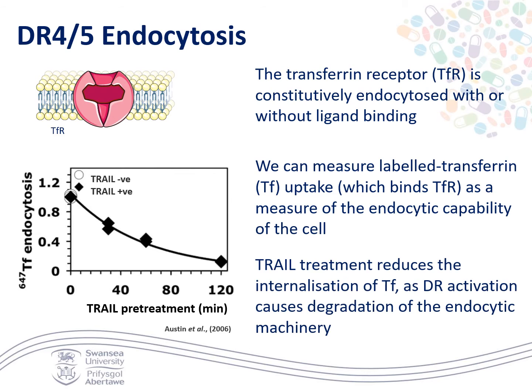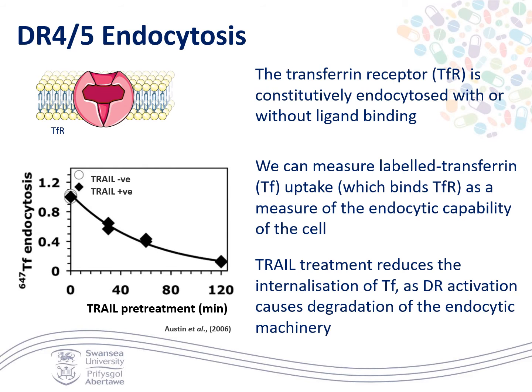And this is a result of the fact that TRAIL begins to affect the internalization of transferrin and the transferrin receptor by extension, as death receptor activation results in degradation of endocytic machinery. It starts to cleave AP2 and clathrin heavy chains, and so we lose the constitutive endocytosis of transferrin receptors, and so the cells are not able to uptake the labeled transferrin anymore.